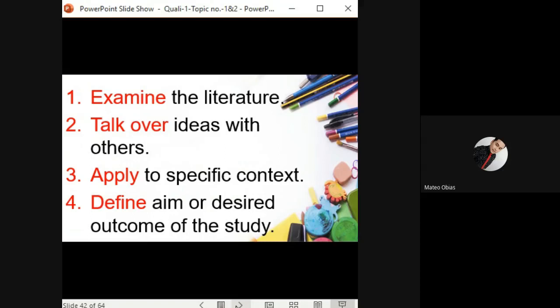Not opinion really, but yung know-how, kasi experts sila dyan. Pick out those who hold opinions that differ from yours. Bakit iba yung perspektibo mo sa perspektibo niya? So you can seek that particular opinion and discuss possible research questions with them. Okay? So that is when we talk over ideas with others.